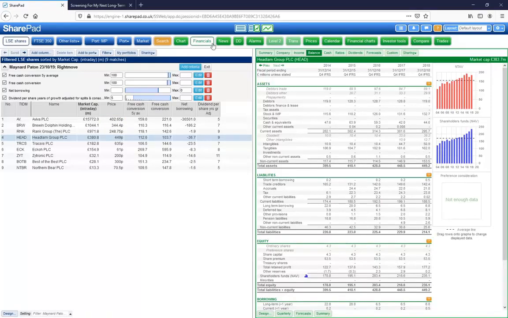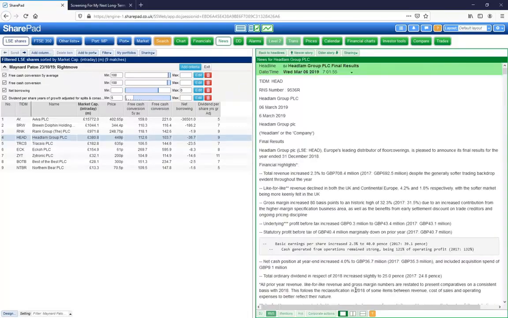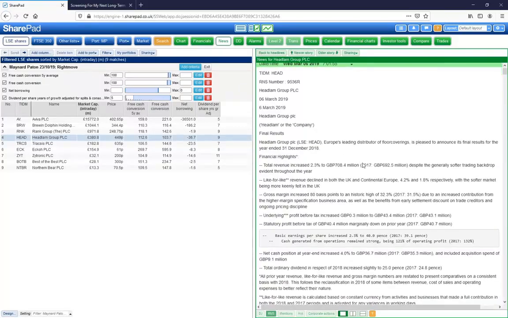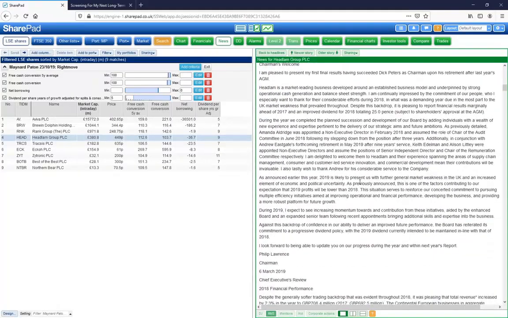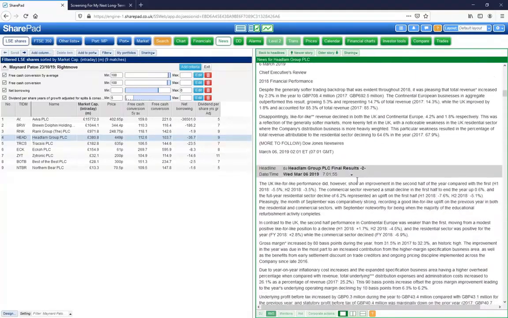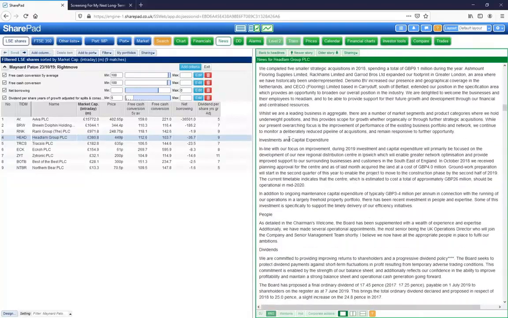So we can go to the news, and we can go to the 6th of March, which is here, and we can scroll down. Here we go, capital expenditure.